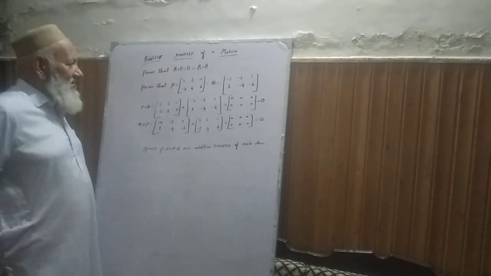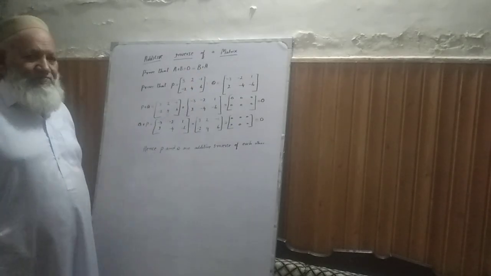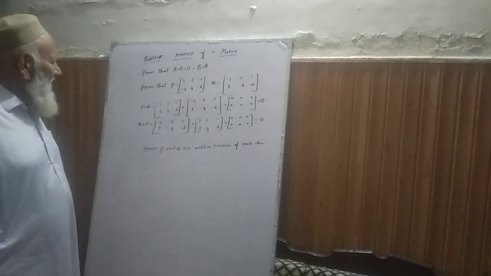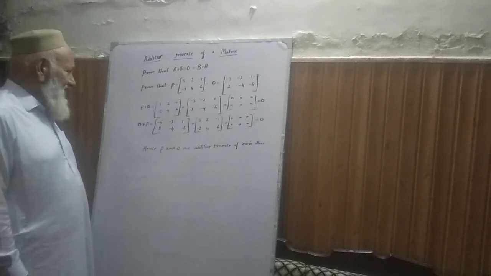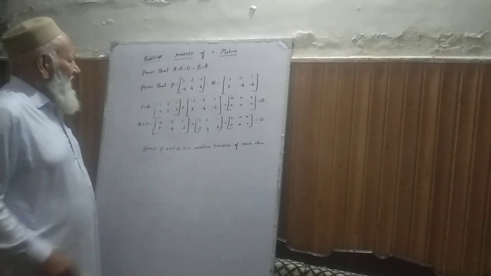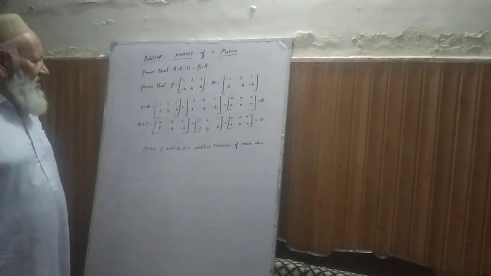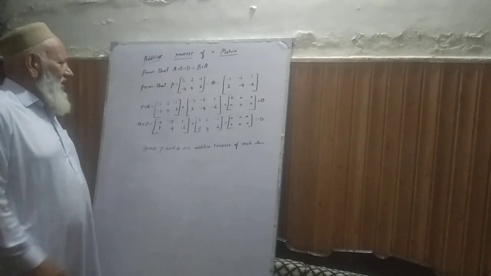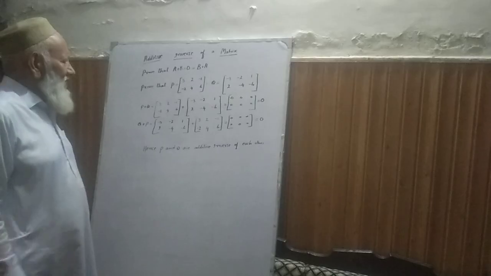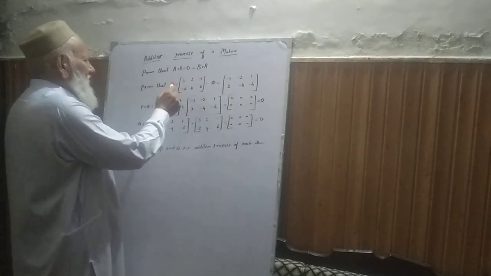Prove that A plus B equals 0 equals B plus A. So first of all, we will write there, instead of A we have put the P, and instead of B we have put the Q. So P is equal to, they have two rows and three columns, and in each column and row the figures are such.